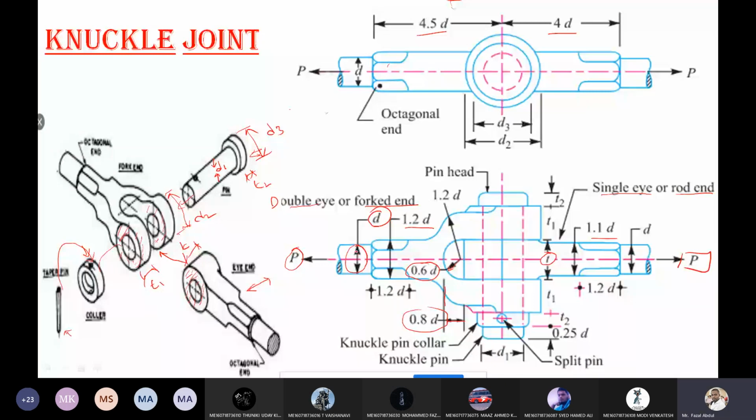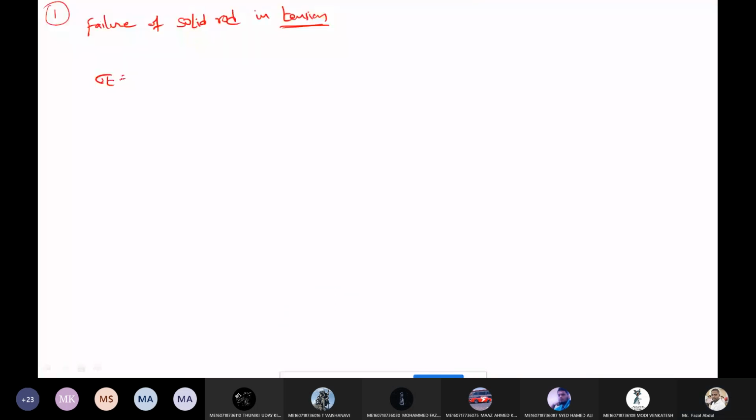Okay. So the respective stress is tensile stress, load by area. With this equation, we can write P_t equals tensile stress into failure area in tension. Because this is a circular solid rod, the area is pi by 4 into d square.